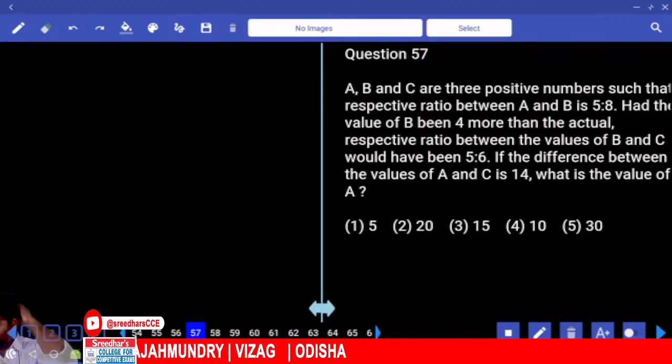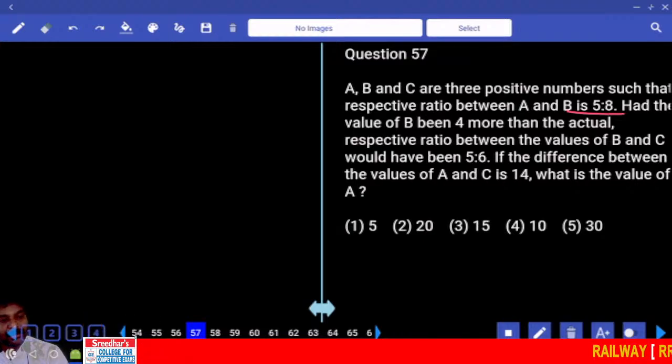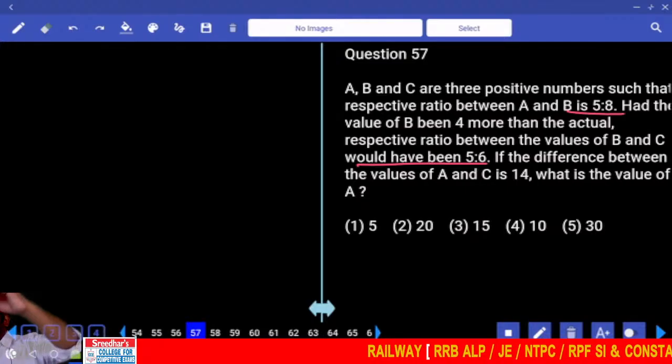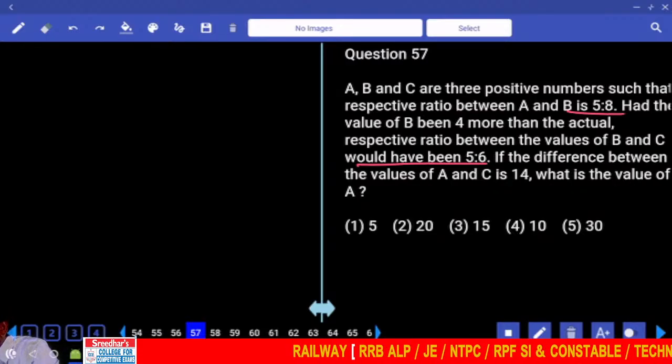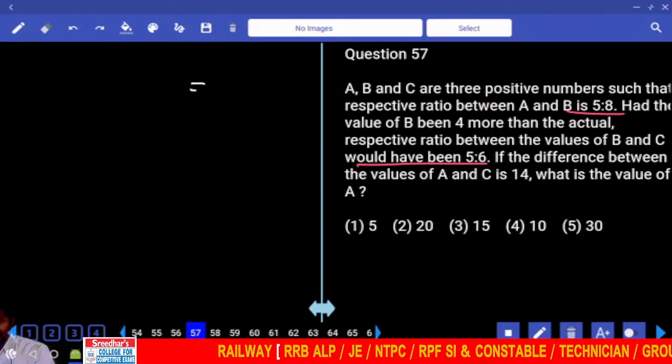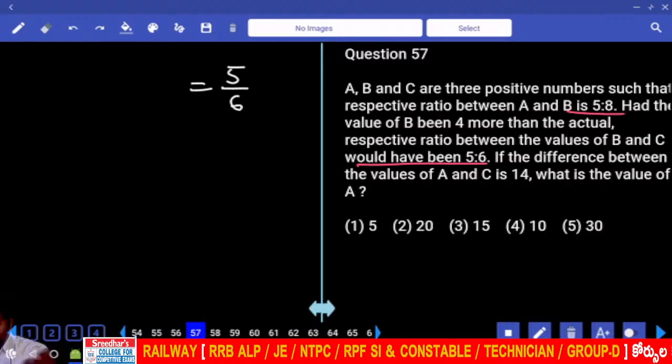The other way, let me tell you. A is 5 parts and B is 8 parts. BC ratio is 5:6, but where B value after increasing that by 4, correct? 5:6 is BC ratio.